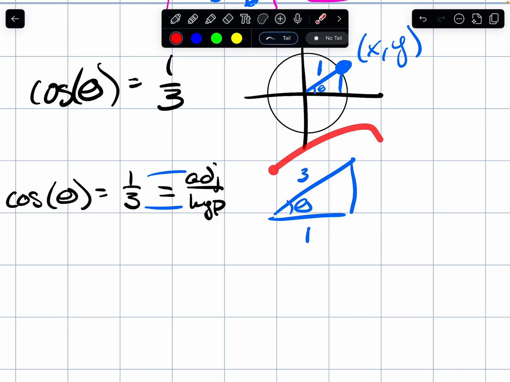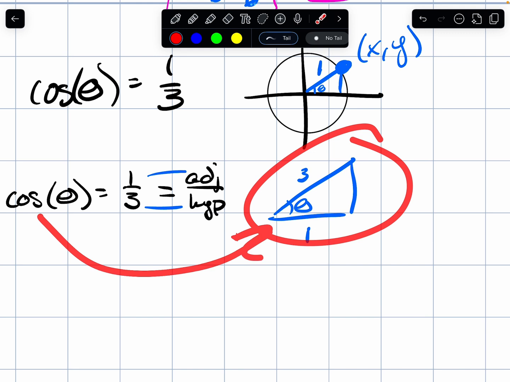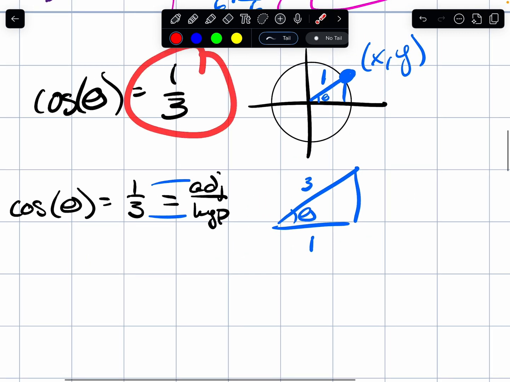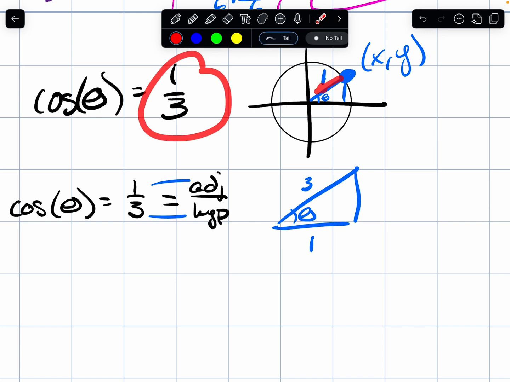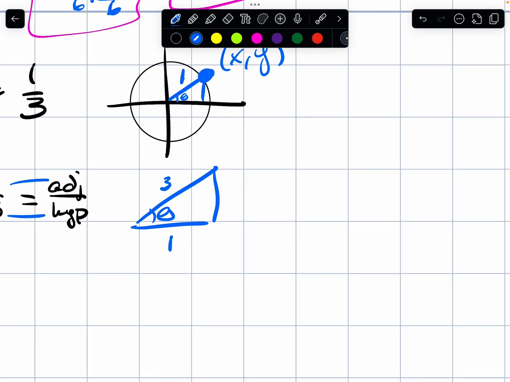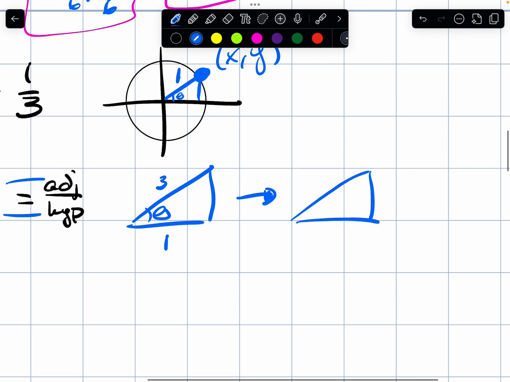So this is true for this theta as well. But what it tells us is that the hypotenuse is 1. So what we need to use is similarity in triangles and think about scale factors.